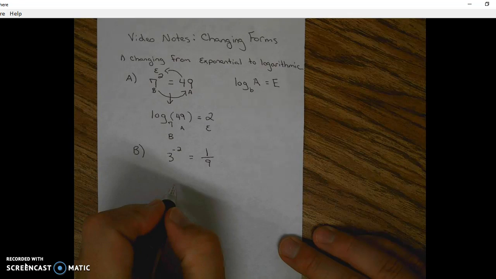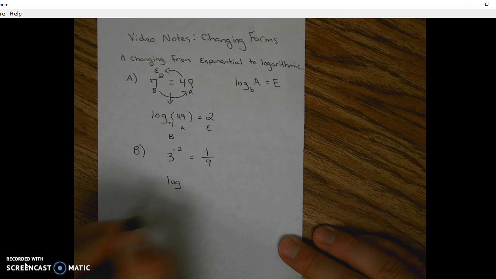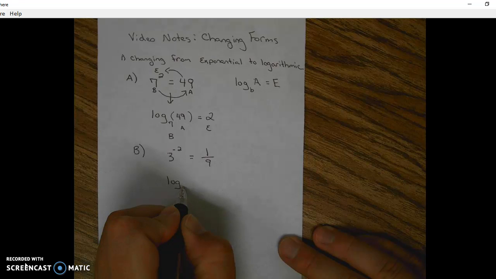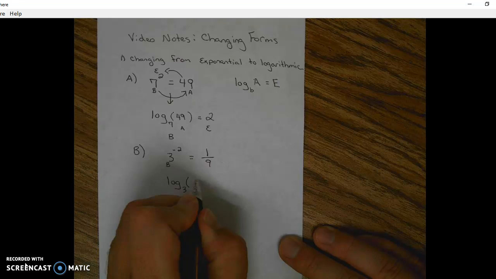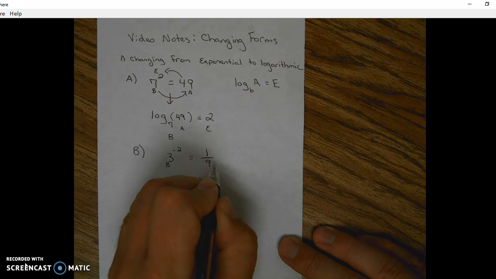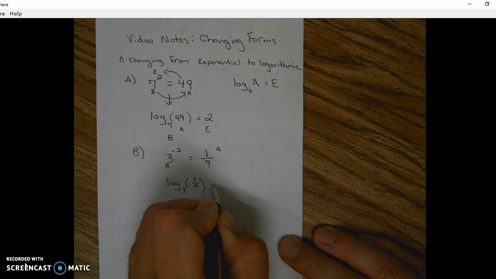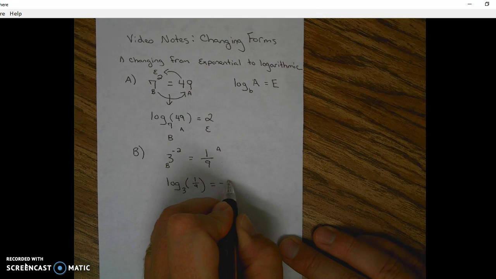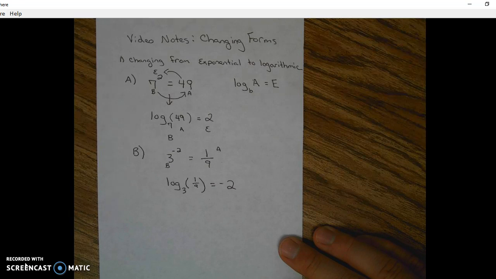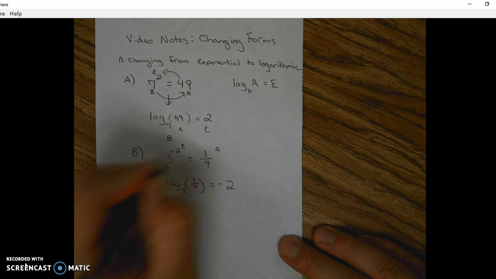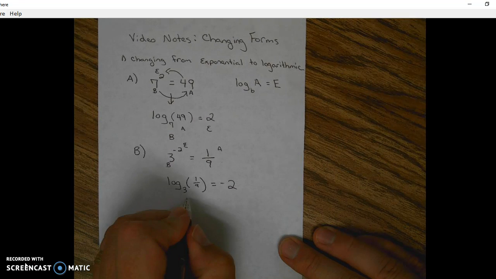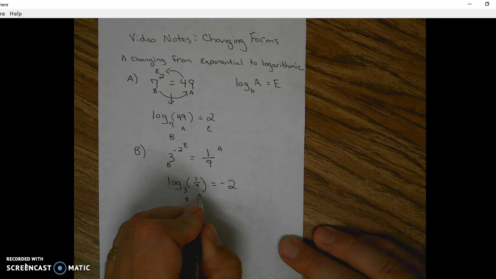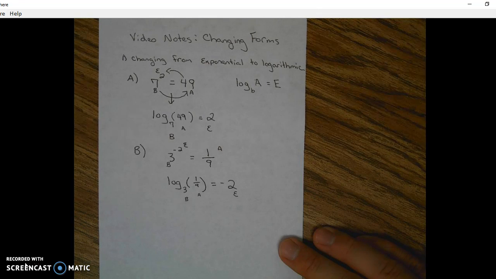So first thing we do is we write down log, then the base, then the argument, and that's going to equal the exponent. And that's how you change exponential to logarithmic form. Base, argument, exponent. BAE.